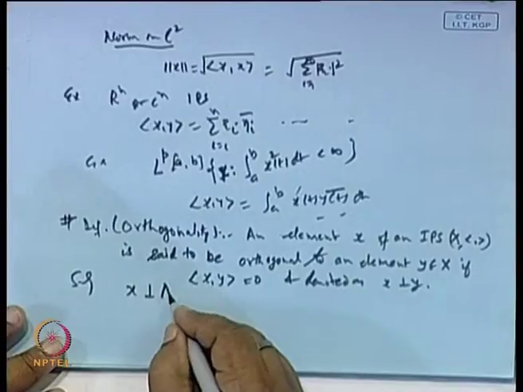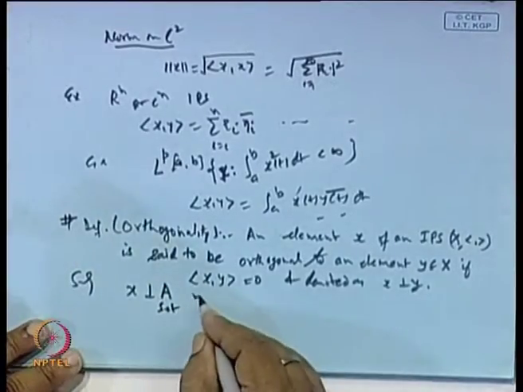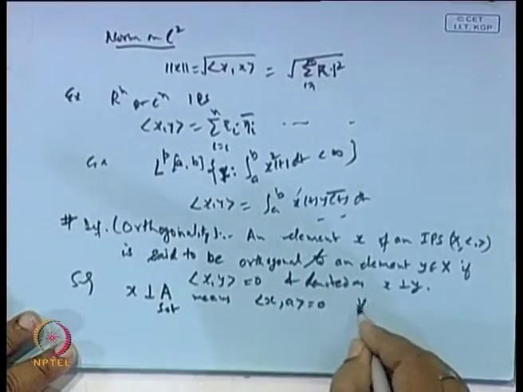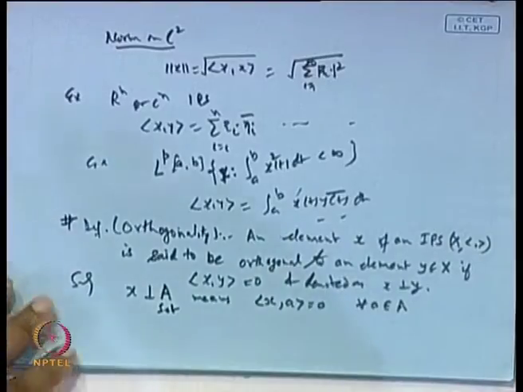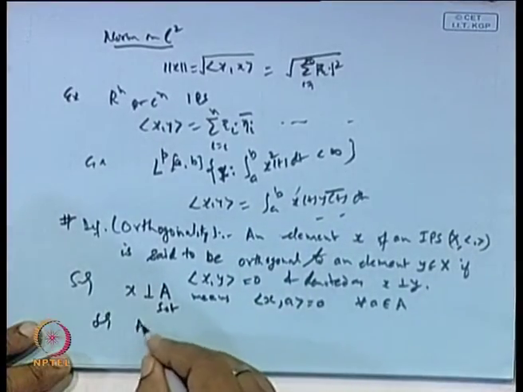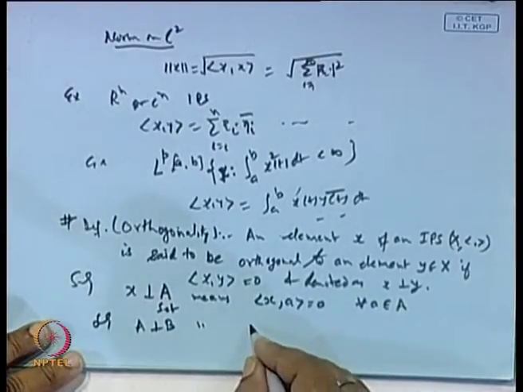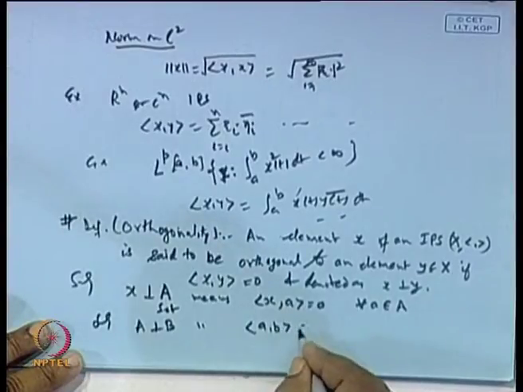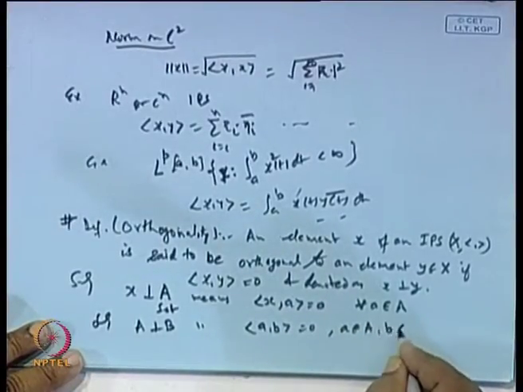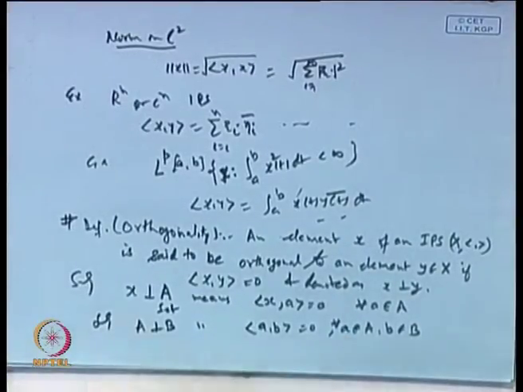Similarly, when we say x is orthogonal to a set A, it means the inner product of x and a is 0 for every a belonging to A. Or we say the two sets A and B are orthogonal if the inner product of a and b is 0 where a belongs to A, b belongs to B, for every pair.